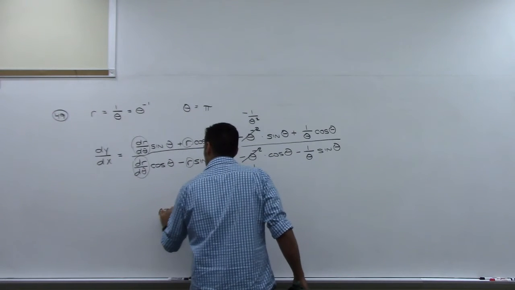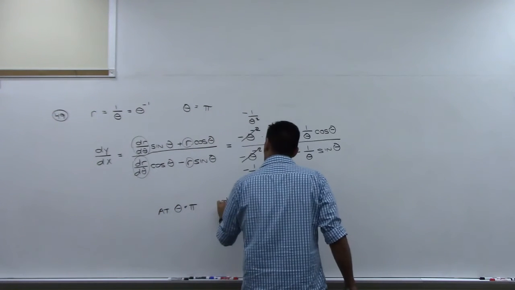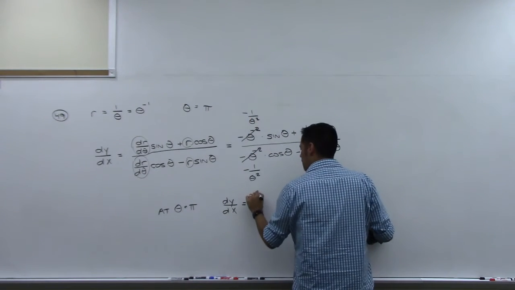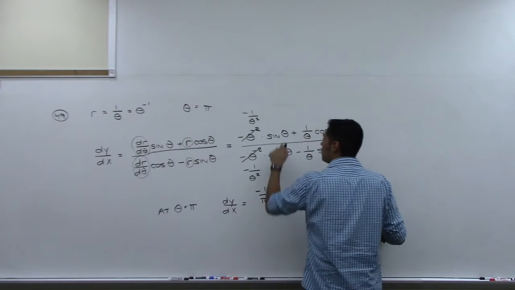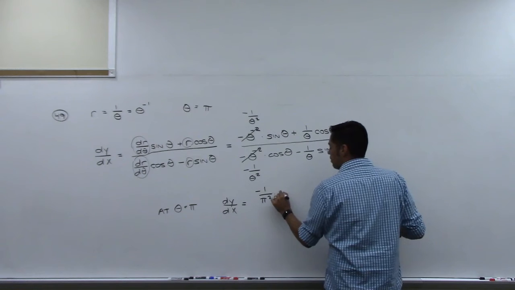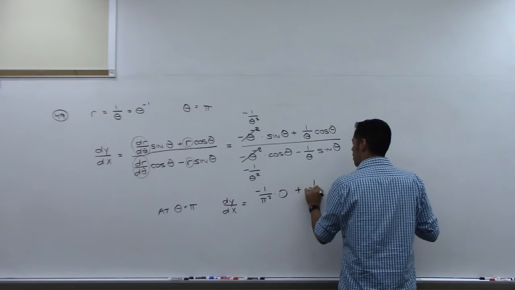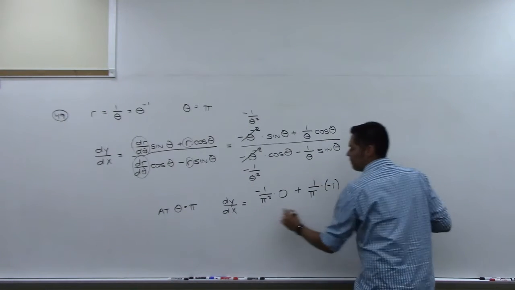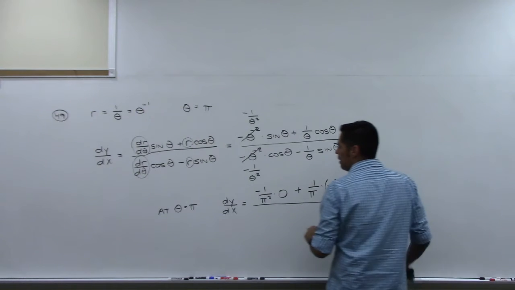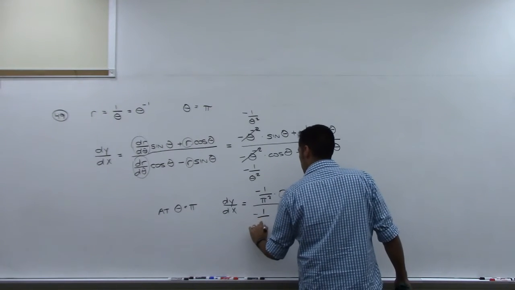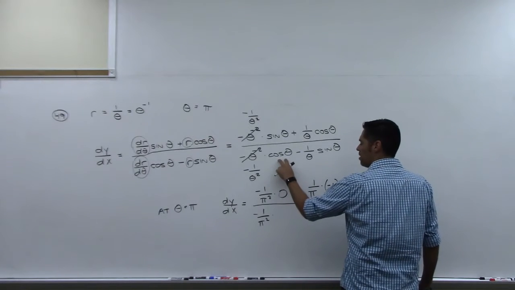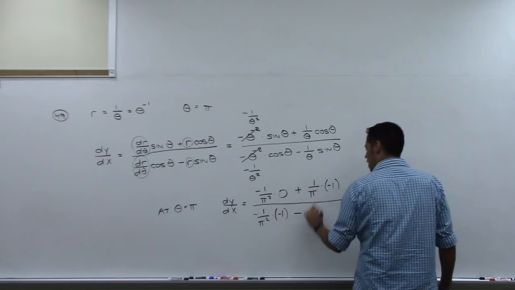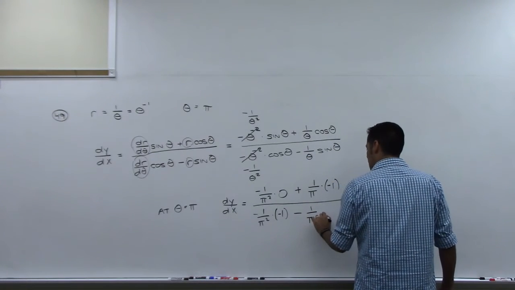So at theta equals pi, dy dx will be equal to, okay, this will be negative 1 over pi squared times sine of pi. Well, sine of pi is 0, so that's gone, plus 1 over pi, and then cosine of pi is negative 1. So we've got that so far. And then here, we get negative 1 over pi squared times cosine theta. Cosine of pi is negative 1, minus 1 over pi times sine of pi, which is 0.